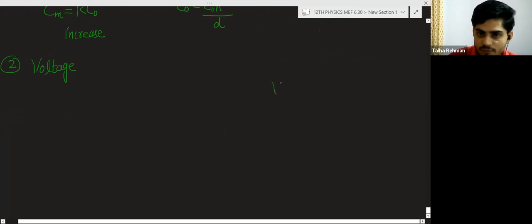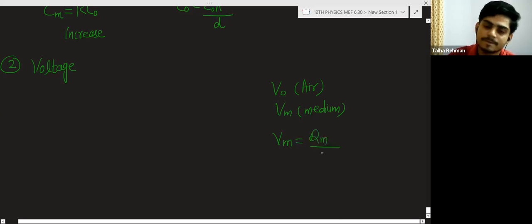So V naught is the voltage in air and Vm is the voltage when the dielectric medium is placed. So the formula for Vm will be Qm by Cm.